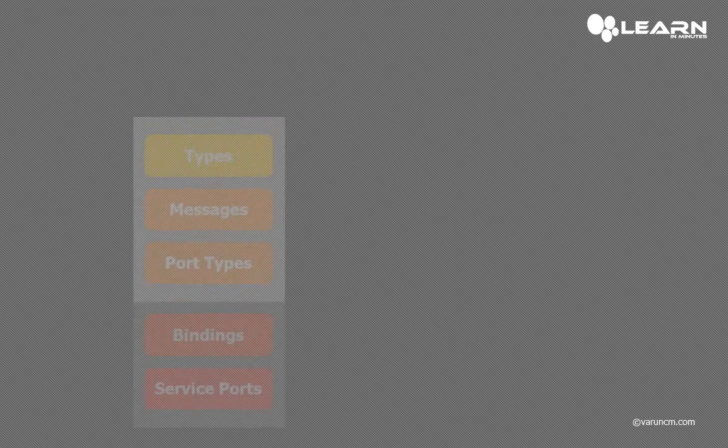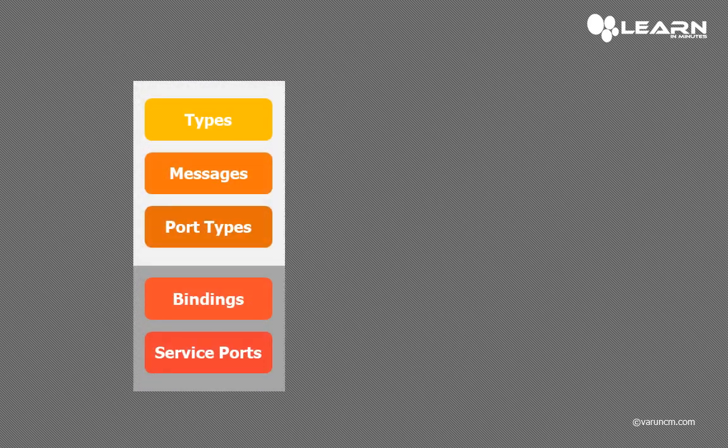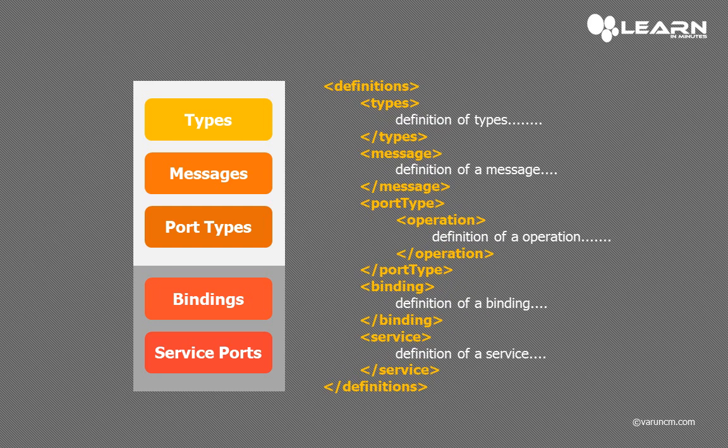The WSDL files will have these blocks like types, messages, port types, bindings and service ports. So all these blocks will be present in your WSDL file. Whenever a client is sending the WSDL file or the contract to the server, it should contain these data. So how this will be structured is like this.